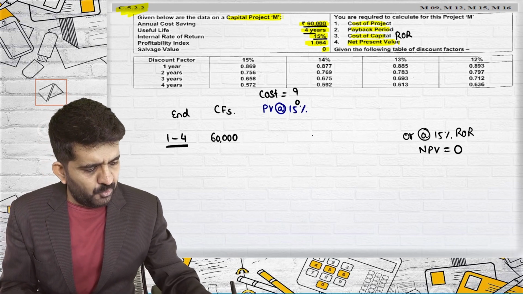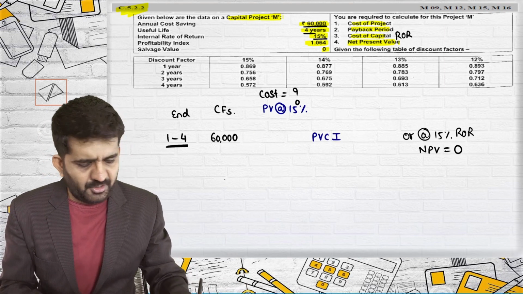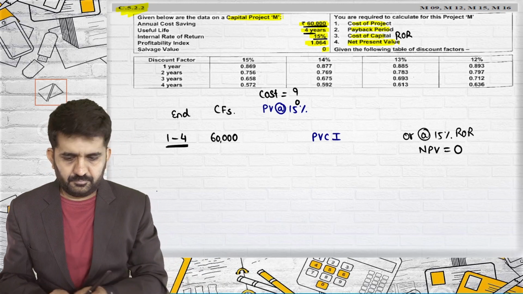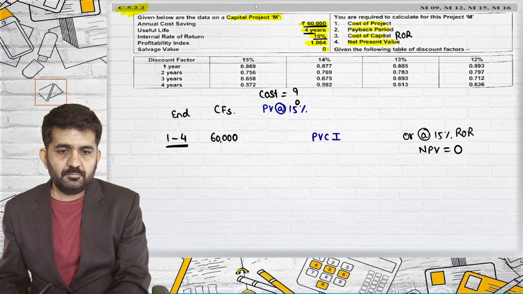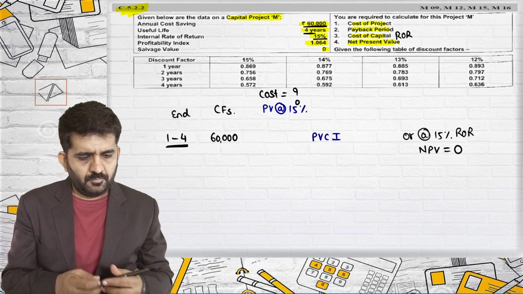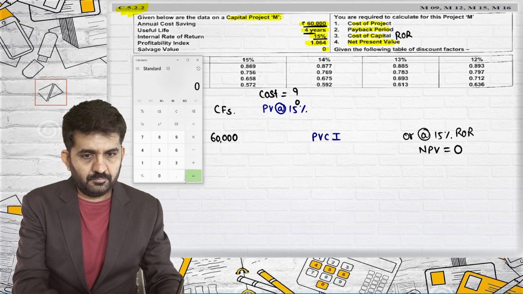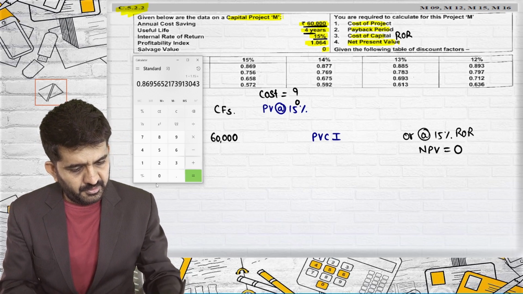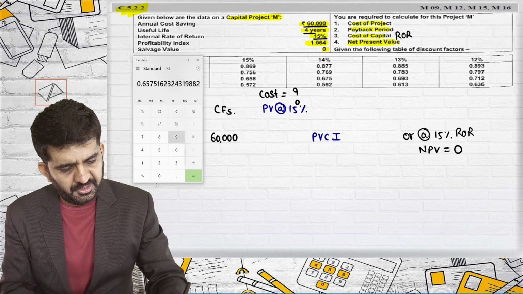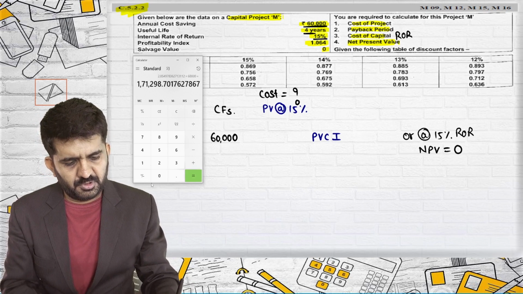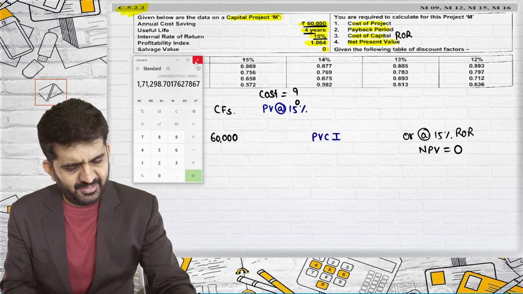Find out present value of cash inflow at the rate of 15% of the 60,000. So it is 1 divided by 1.15 plus 2, 3, 4, multiplied by 60,000. That is 171,299.